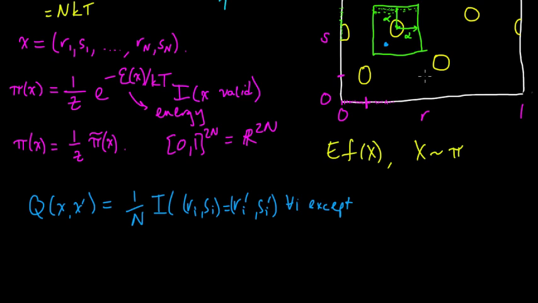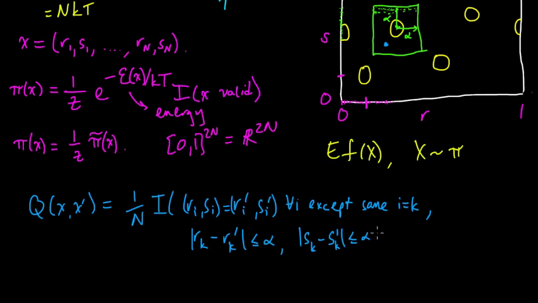This is saying that all the particles are in the same positions except for one of them, and let's call that one k. And then for that k, we have |Rk minus Rk'| less or equal to alpha, and |Sk minus Sk'| less or equal to alpha.